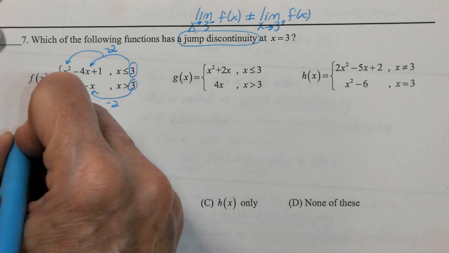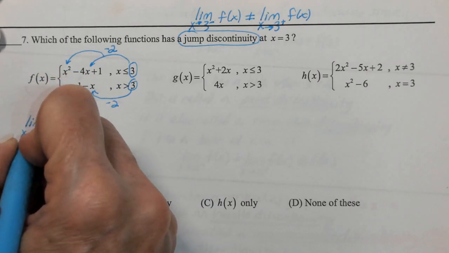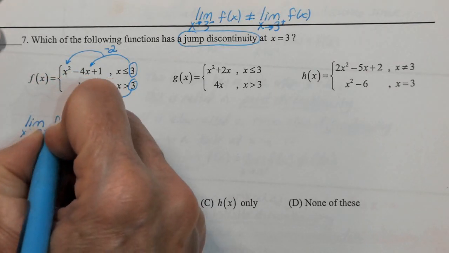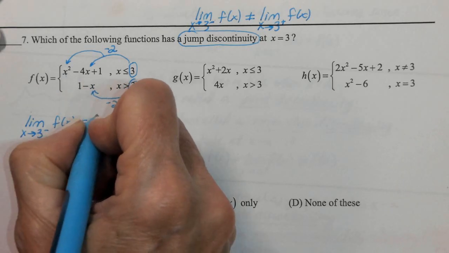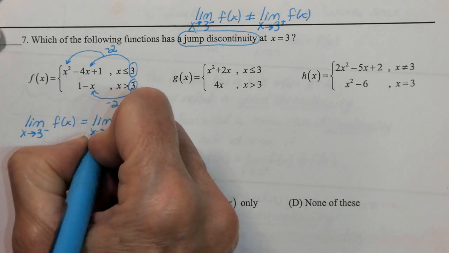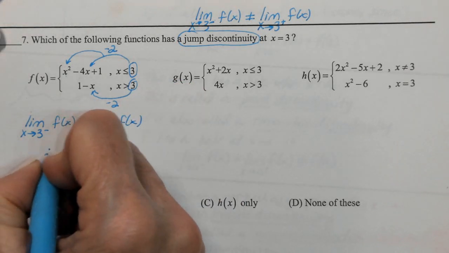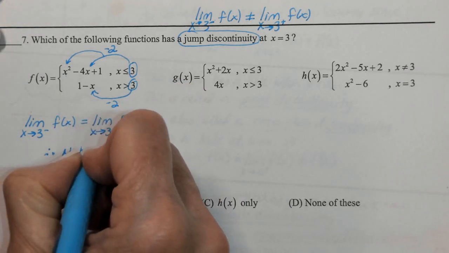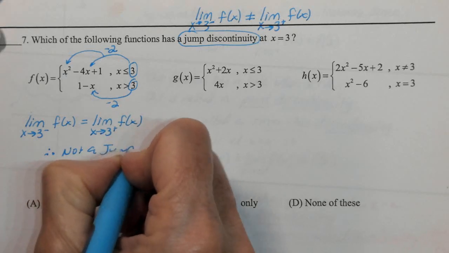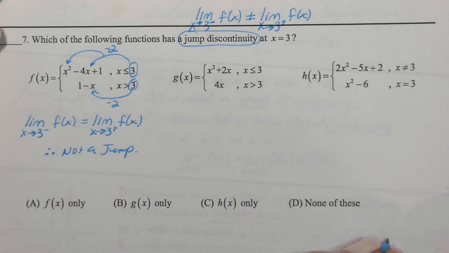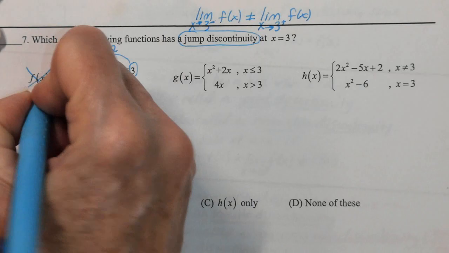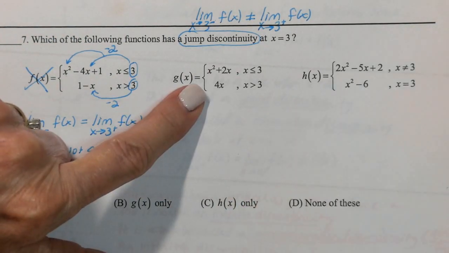So the limit as x approaches 3 on the left is equal to the limit as x approaches 3 on the right. That is not a jump. So not F. G.